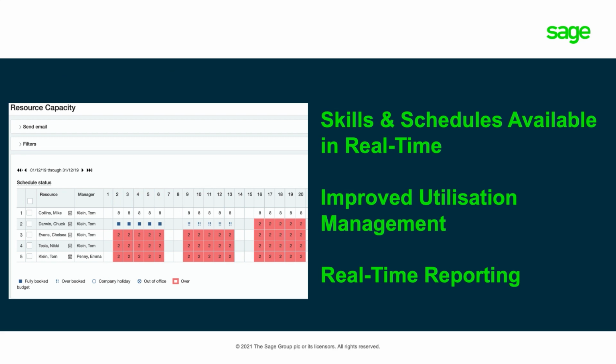With Intacct, you have skills and schedules available to you in real time. You can therefore improve your utilization management, being aware of which members are on the bench or underutilized, and you can use the real-time reporting in Intacct to assist you to that end. Let's take a look.